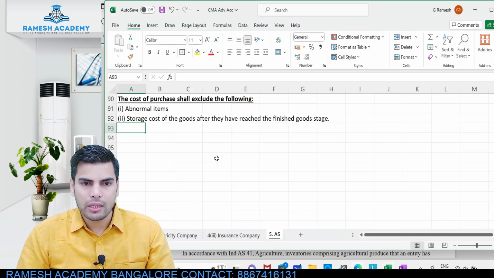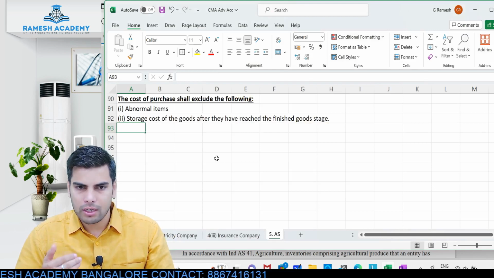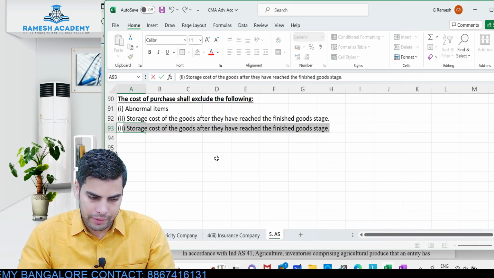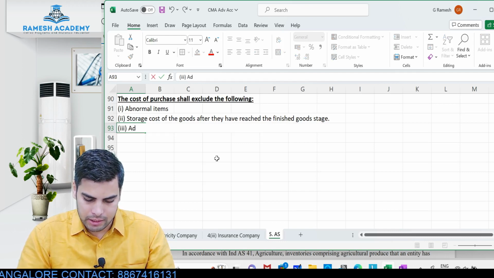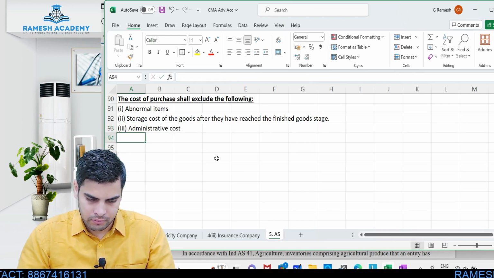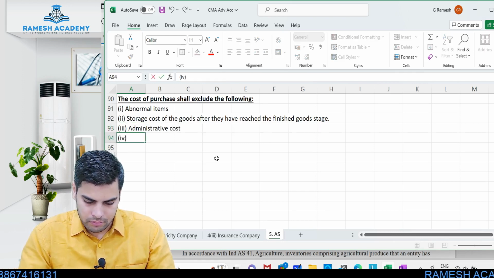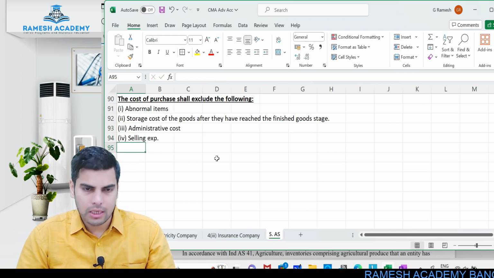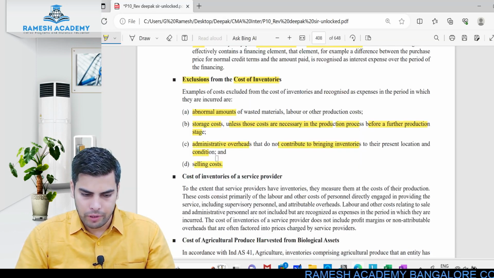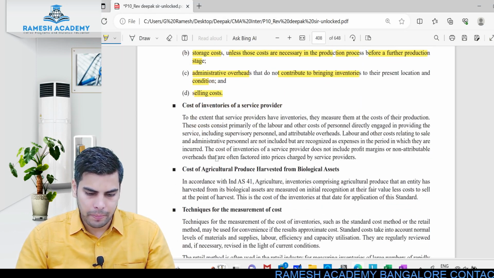Then the administrative cost which is not necessary for the purpose of bringing the inventory to the present location or condition, and then selling cost. You can just write it as administrative cost. So administrative cost and selling expenses are the items which will not be forming part of your inventory. Just remember this much.